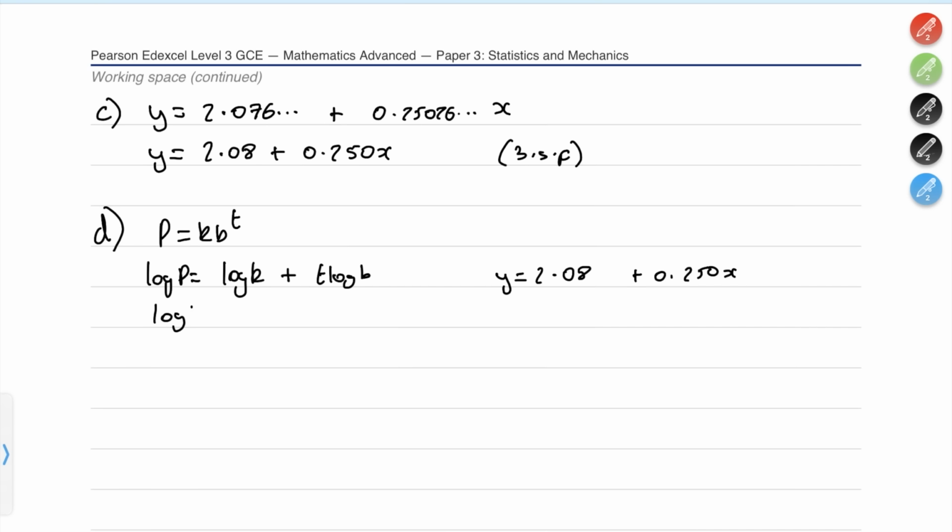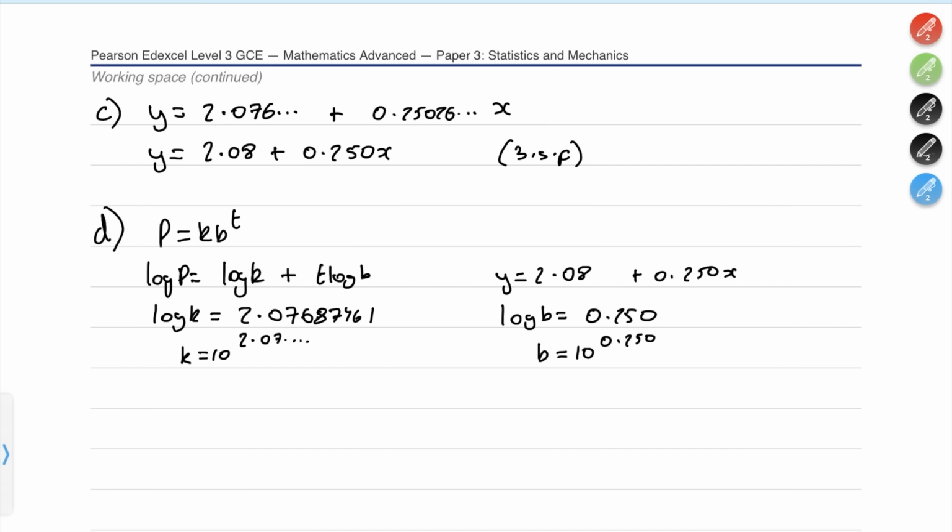So log k equals 2.076. I'm going to use my calculator here, 87641. Oh, sorry, 461. So I'm going to say k is 10 to the power of this number here. And we can say log b is equal to 0.250, so b equals 10 to the power of 0.250.